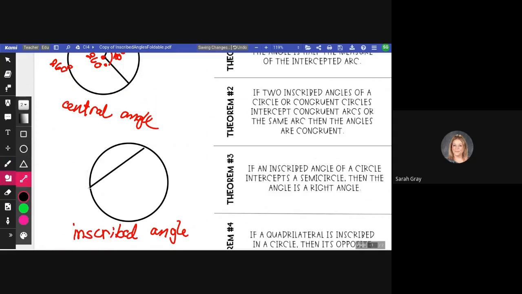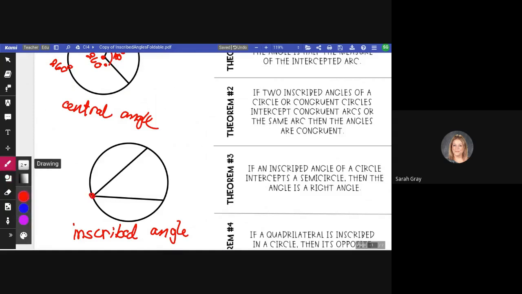So it looks more like this. Anything where the angle vertex is around the outside of the circle, that's an inscribed angle. Inscribed means inside. So there's an angle inside the circle.